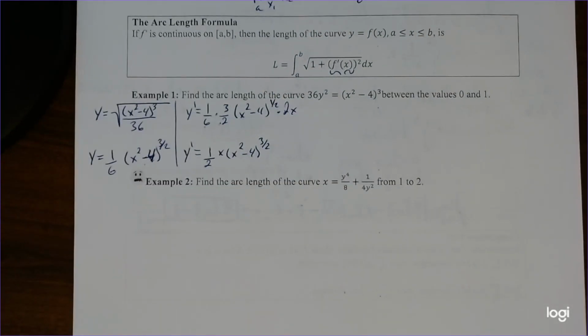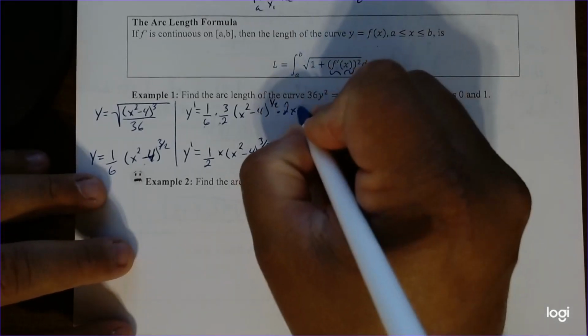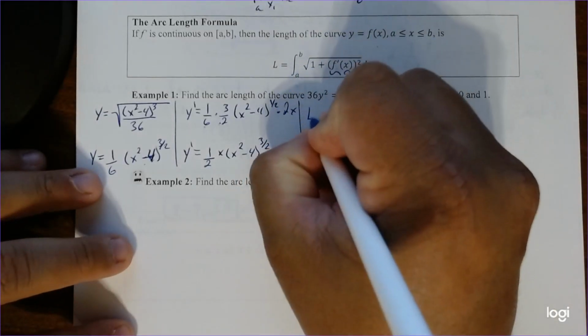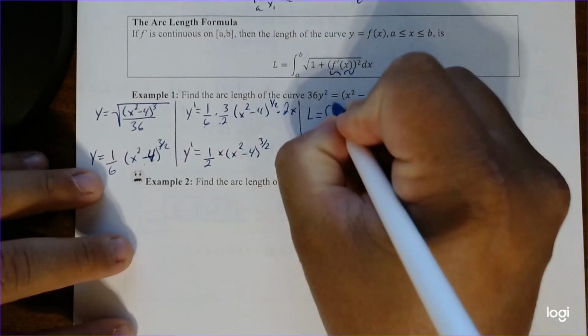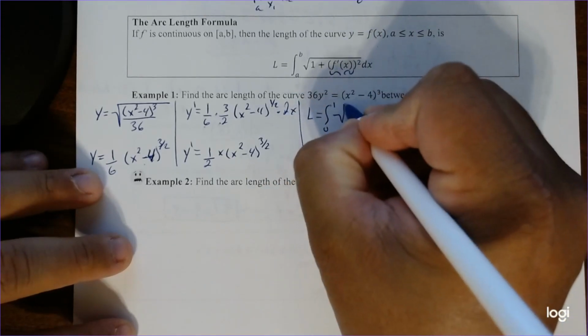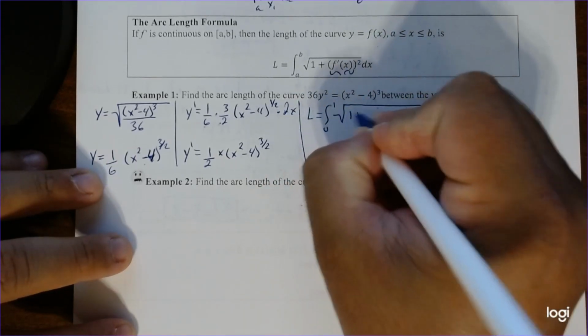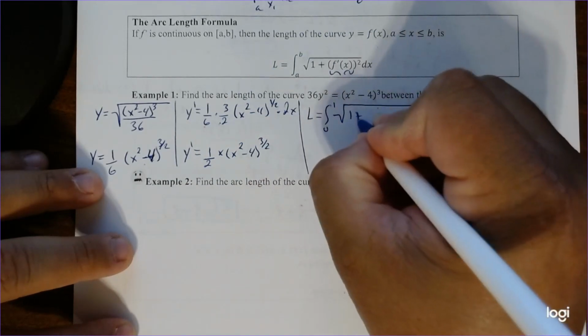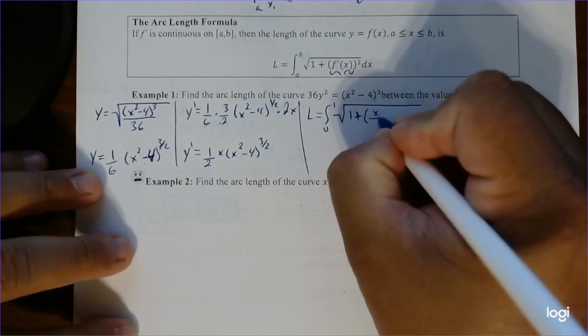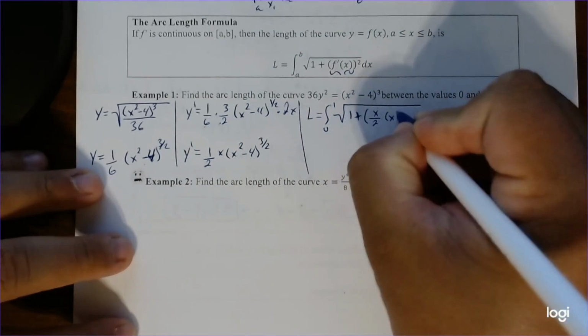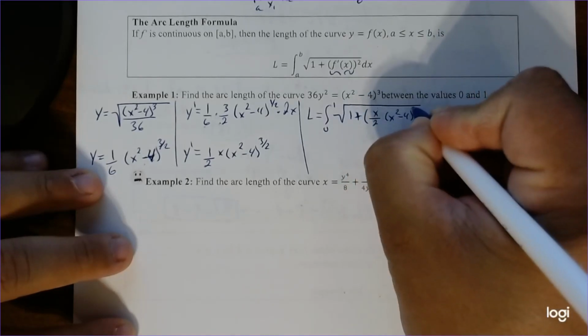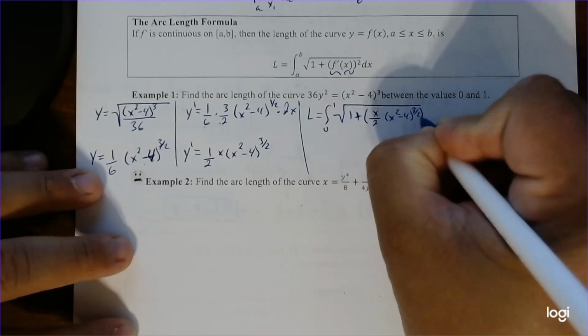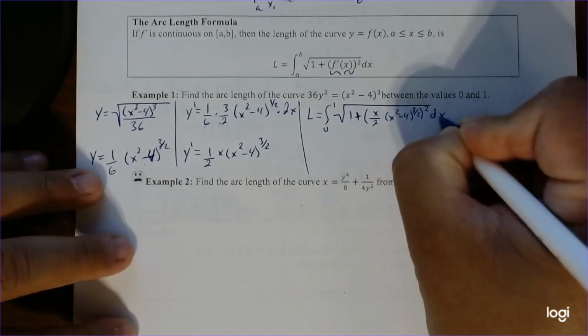Okay. All right, now that we have that, now let's try our integration and see how that's going to go. So the length of this curve is going to be the integral from 0 to 1 of the square root of 1 plus all of this squared. Like that.